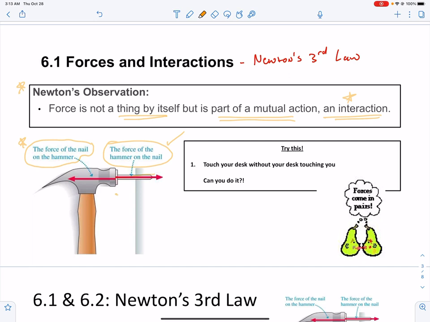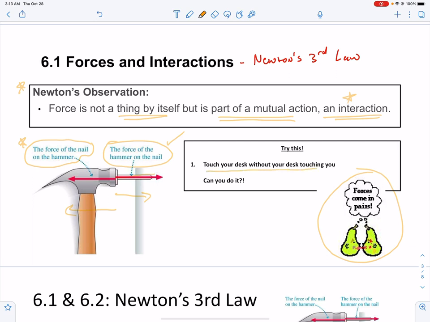So the nail will get hit, and the hammer is going to get pushed back with the same force that it hits the nail with. Okay? So every force does not occur by itself. It occurs in pairs in an interaction. Forces come in pairs.